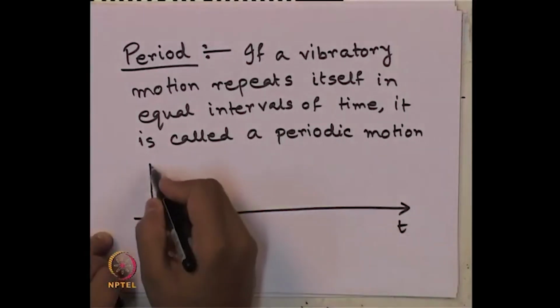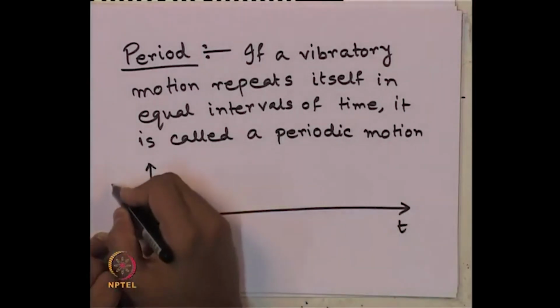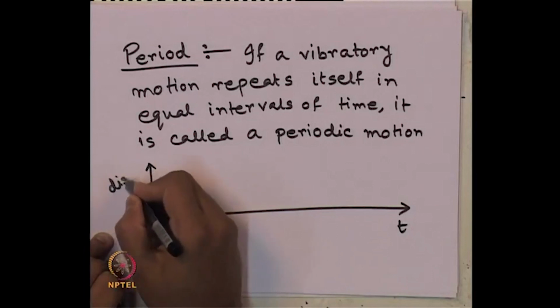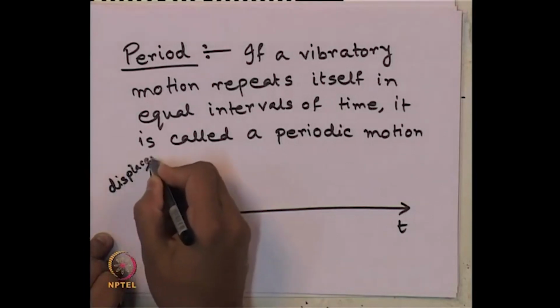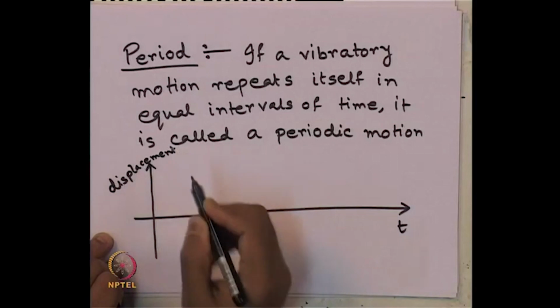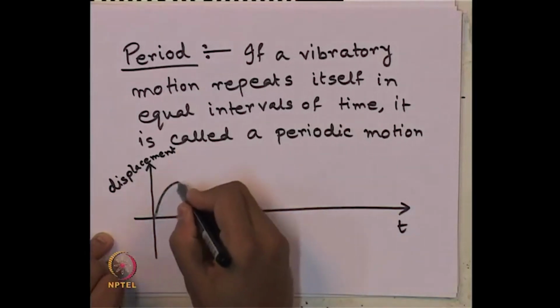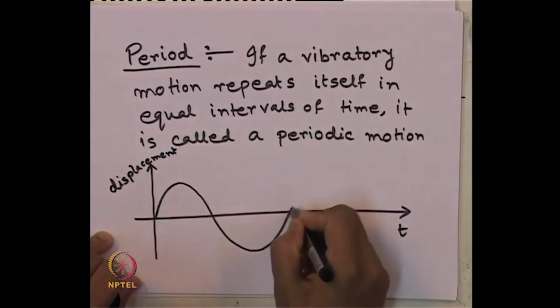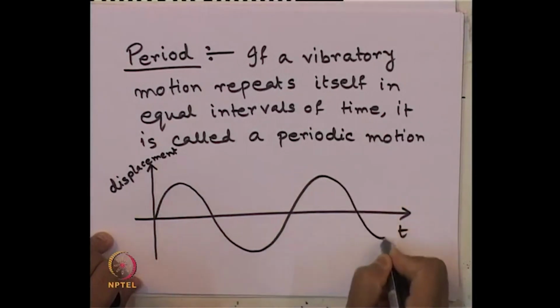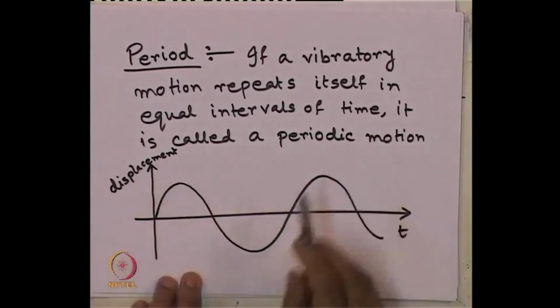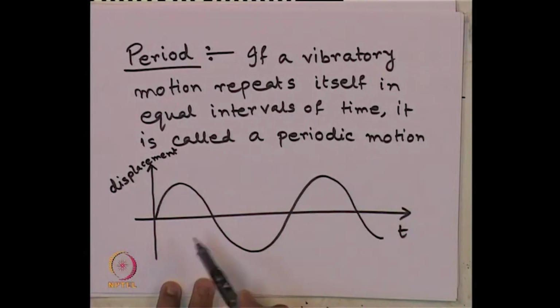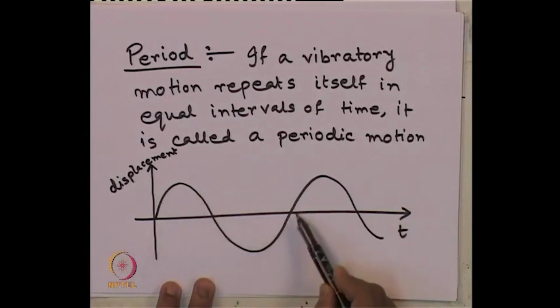With respect to time, suppose we are plotting the displacement of that vibrating body. This vibratory motion repeats its motion after equal intervals of time.